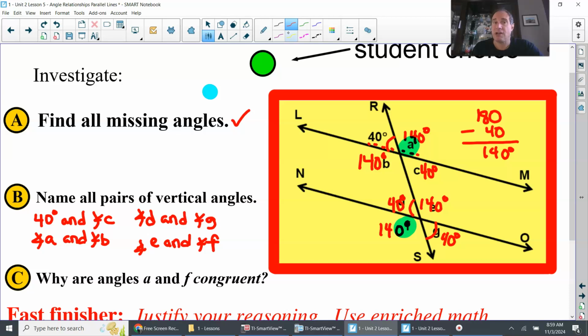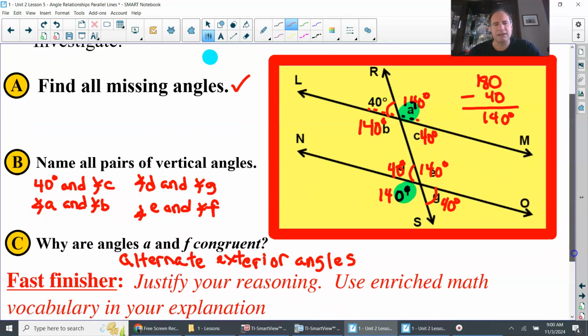Are they inside the parallel lines? That means they're not alternate interior. Are they outside the parallel lines? Yes, they are. They're outside and across from each other. So remember, they're alternate exterior angles. They are outside the parallel lines and across from each other. Alternate exterior angles.